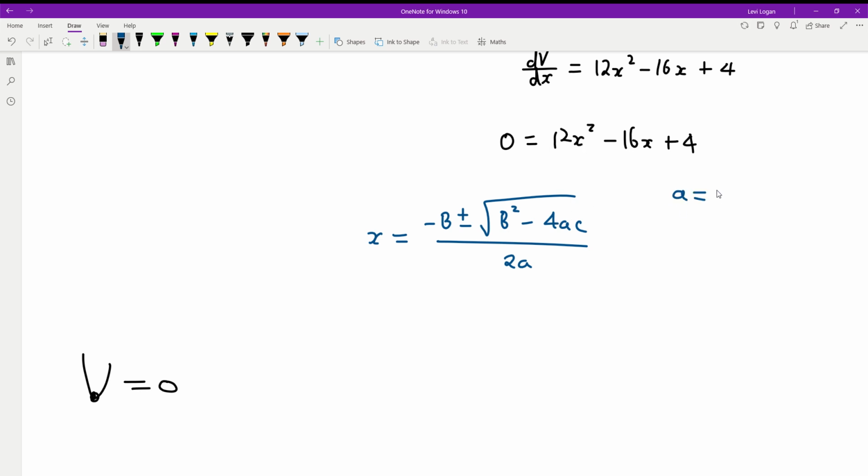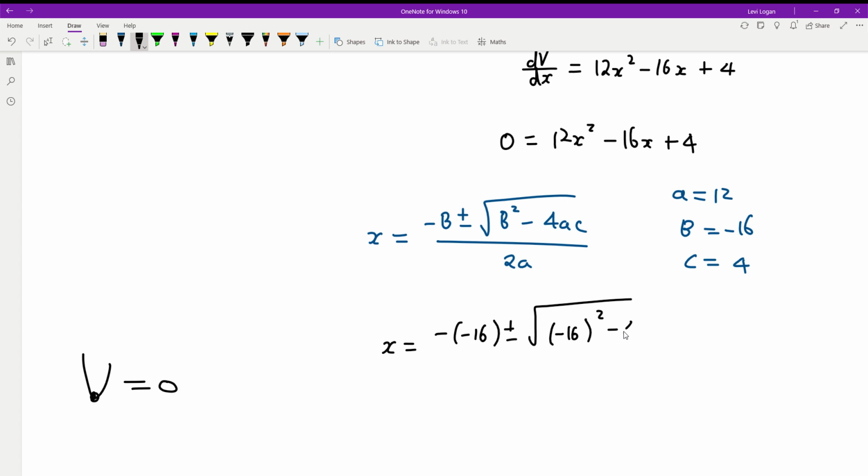So a is 12, b is negative 16, and c is positive 4. So if you start substituting this into here, what we're going to get is x is equal to negative of negative 16 plus or minus the square root of negative 16 squared minus 4 times by 12 times by 4 all over 2 times by 12, okay?